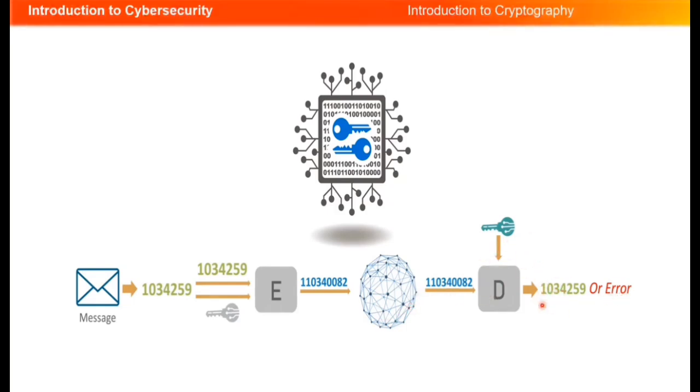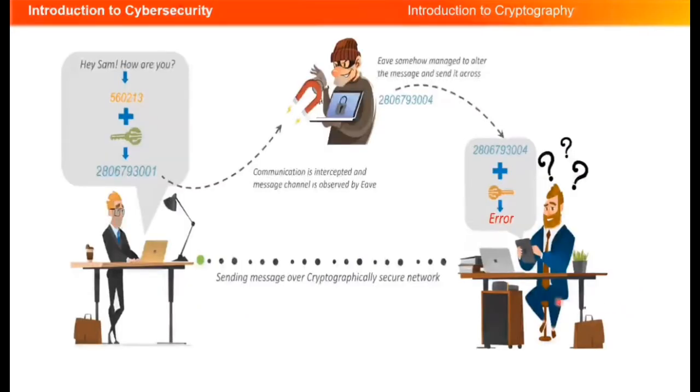So if somebody tries to read this message and tries to decrypt it, it's better that they get an error than they actually get our message. Here's another example where Andy is using encryption, so he is able to take this message and encrypt it to this cipher, and Eves has somehow managed to alter the message.